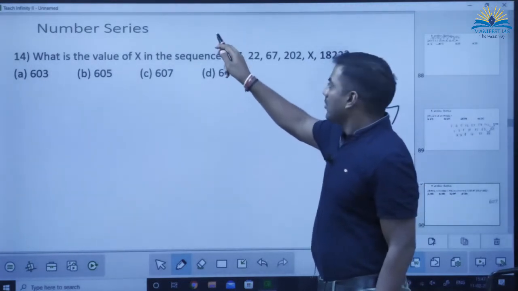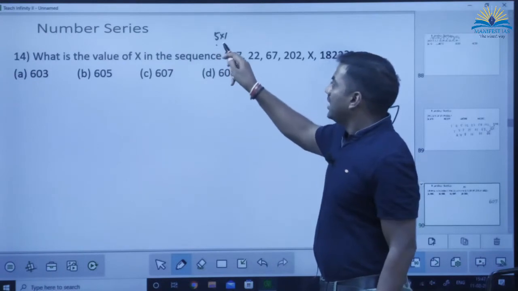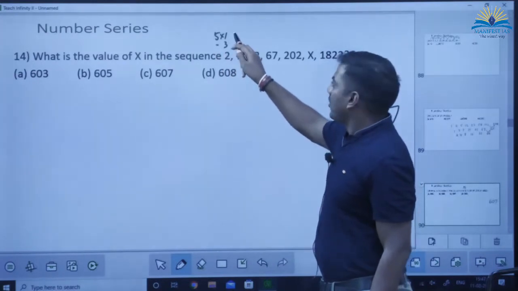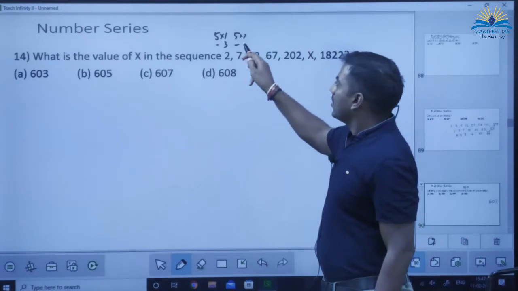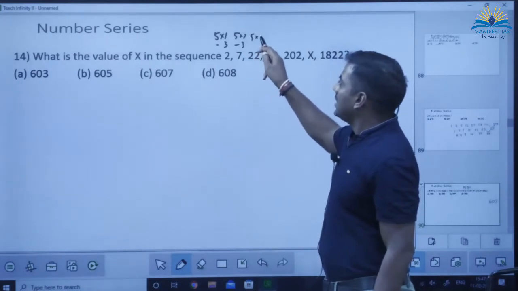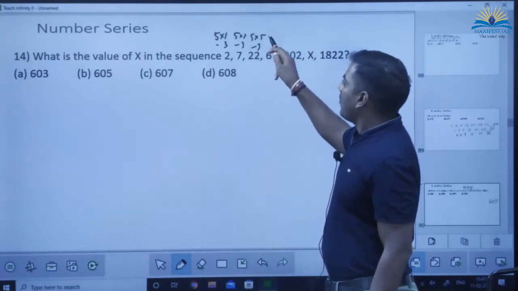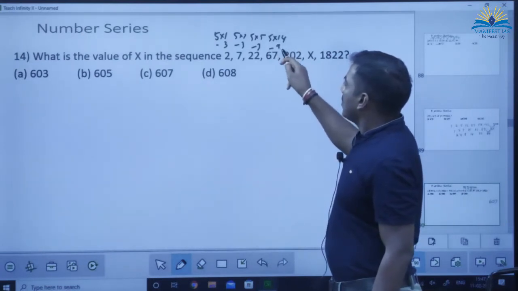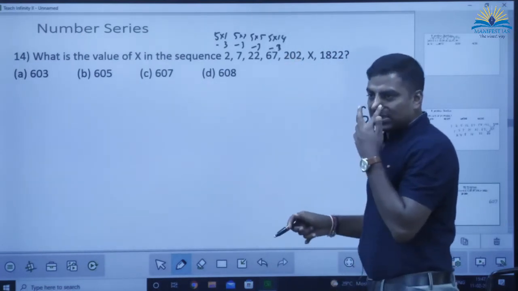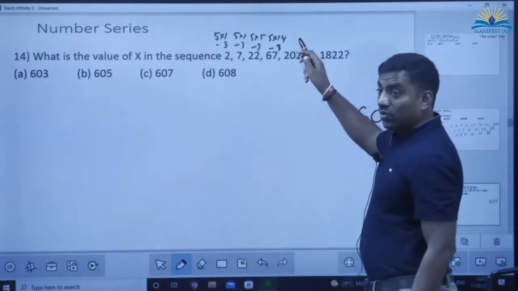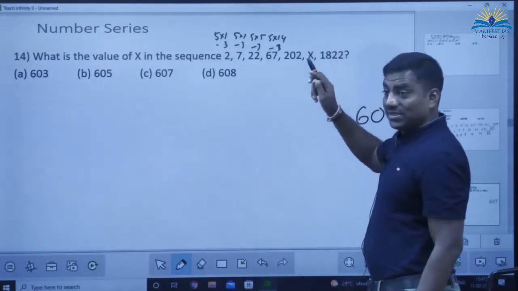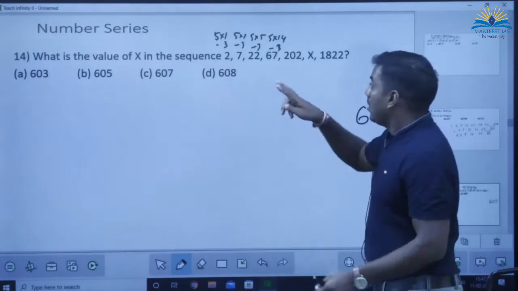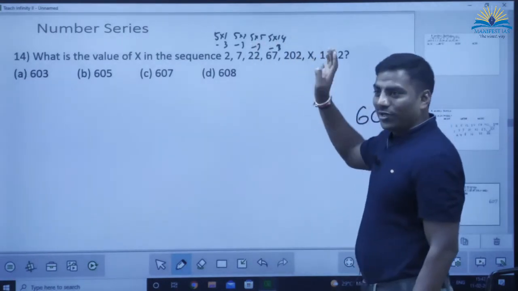Yes. 5 into 1 minus 3. Here 5 into 2 minus 3. Here 5 into 5 minus 3. Here 5 into 14 minus 3. Then 5 into 41 minus 3. But 1, 3, 5, 14, 41.